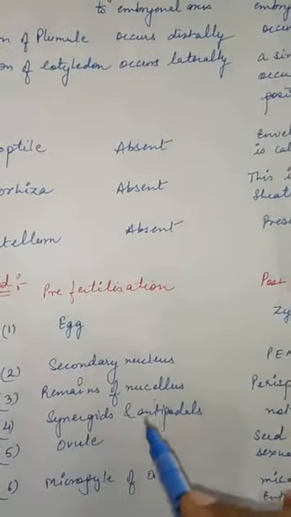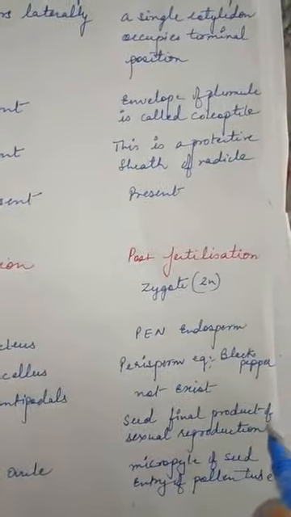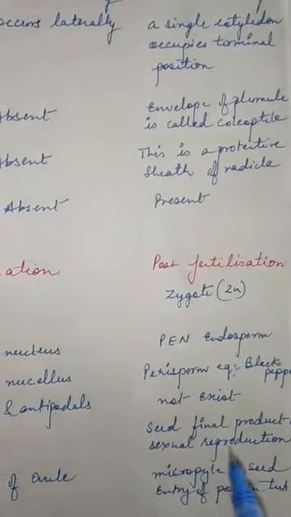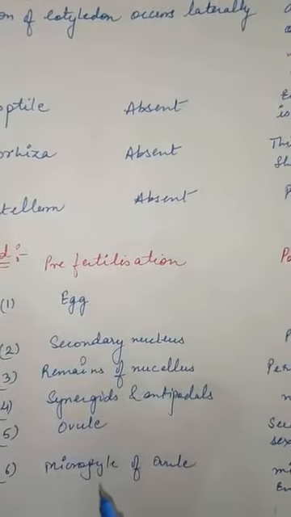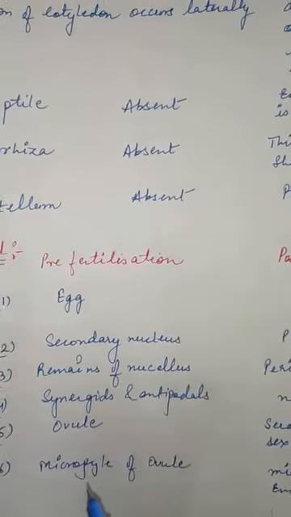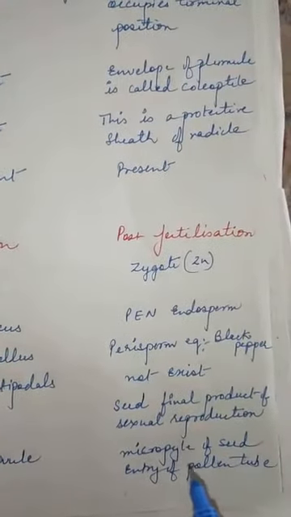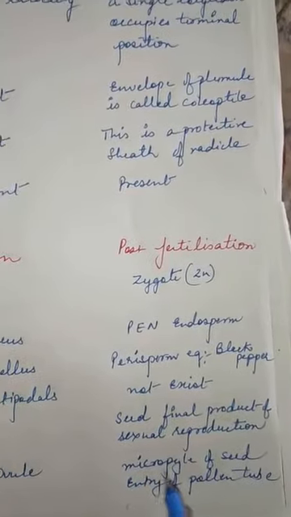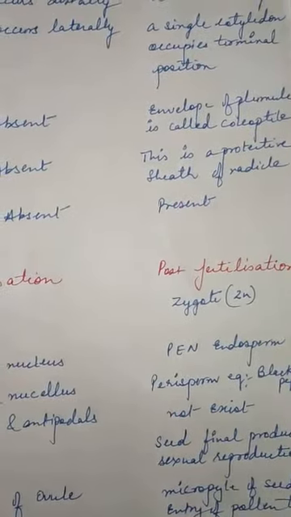The ovule will convert into the seed, and the seed is the final product of sexual reproduction. Now the opening, the micropyle of the ovule, will convert into the micropyle of the seed, right?